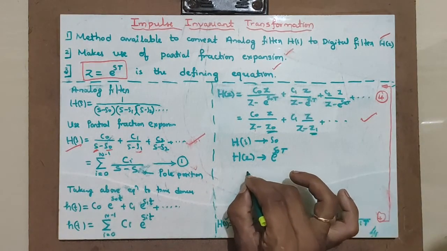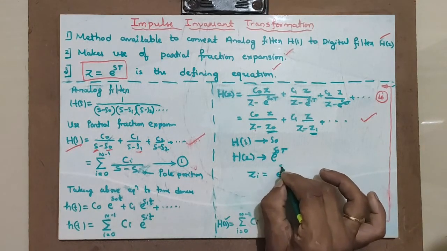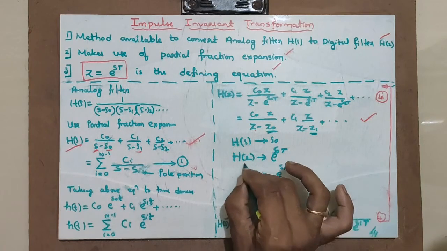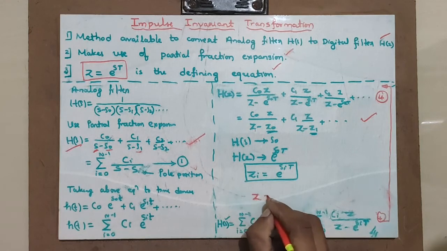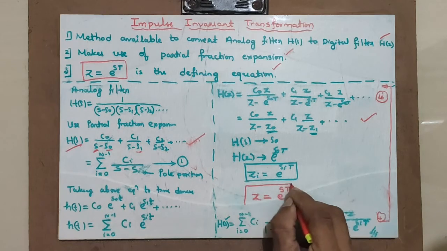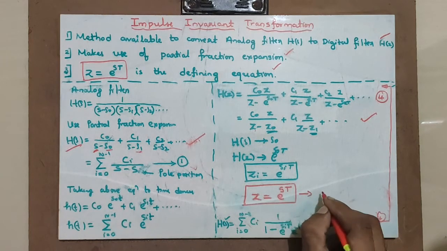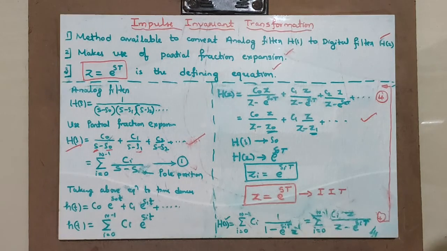Hence zi is e raised to sit. This is the defining equation. Or simply I can write down z is equal to e raised to st. This is the defining equation in case of impulse invariant transformation. Okay, this is very important.